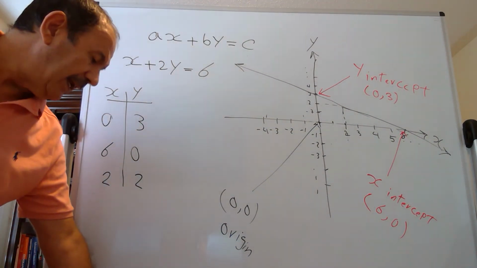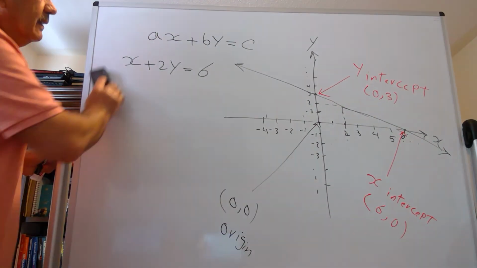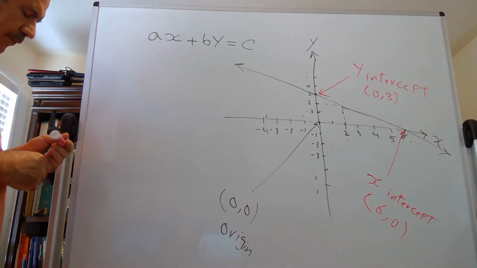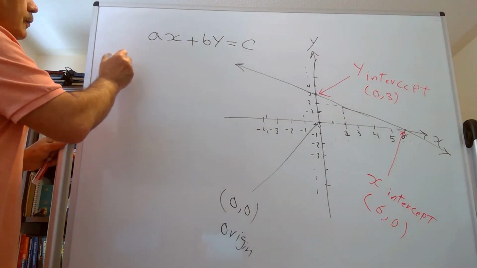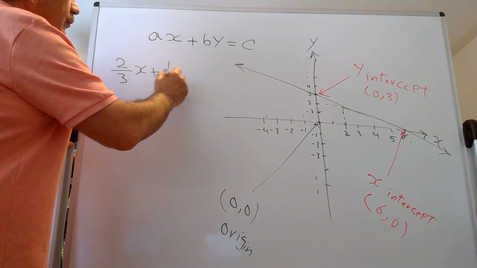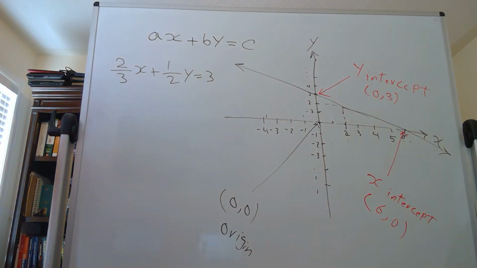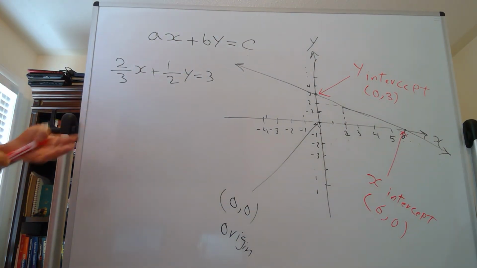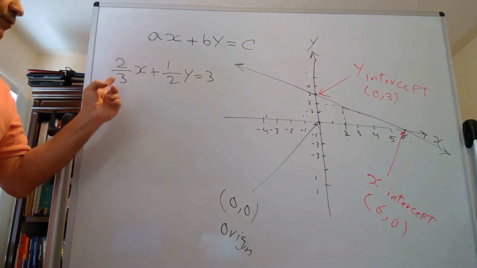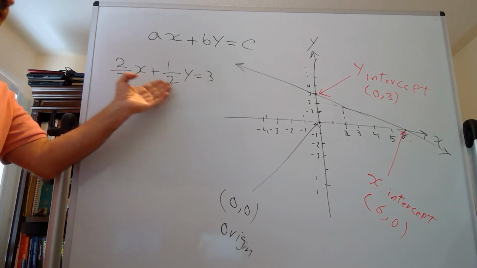If we have an equation in a fractional format, as an example, 2 over 3 x plus 1 over 2 y is equal to 3, graphing this one in this format is going to be complicated. What we should do is multiply the whole equation by the LCM of the denominators, in this case 6.